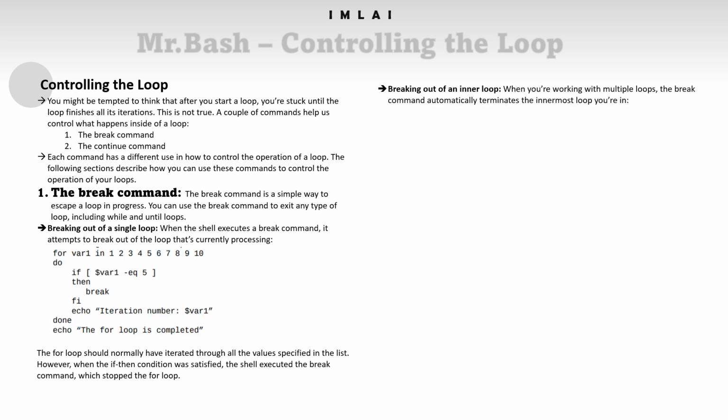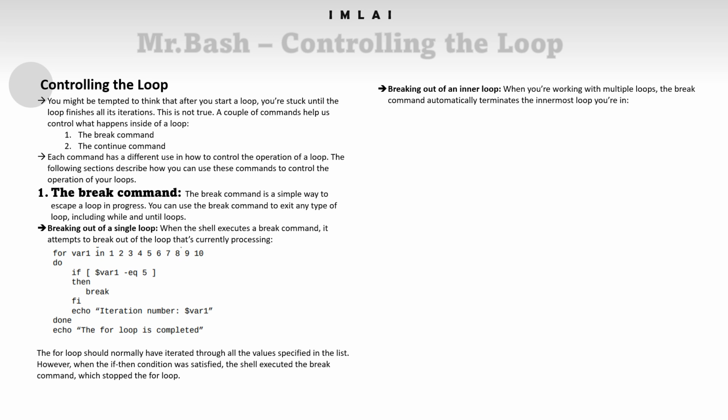Let's look into breaking out of a single loop first. When the shell executes a break command, it attempts to break out of the loop that is currently processing. If you take the same example that we have shown in our exercise, the for loop should normally have iterated through all the values specified in the list.